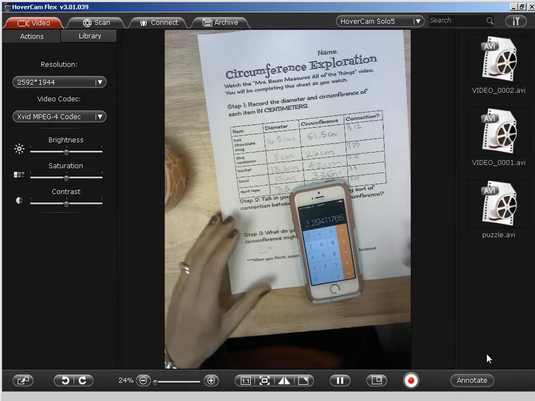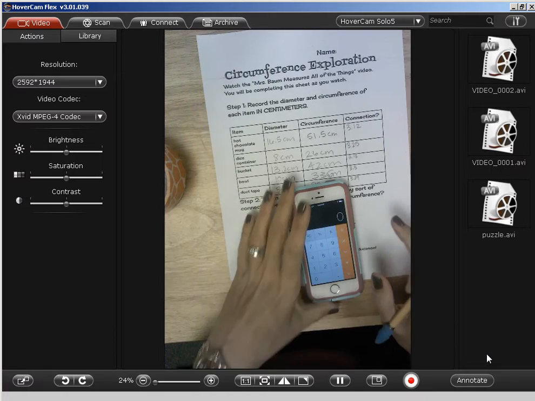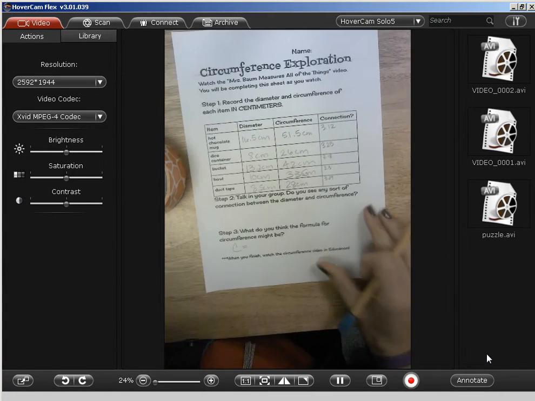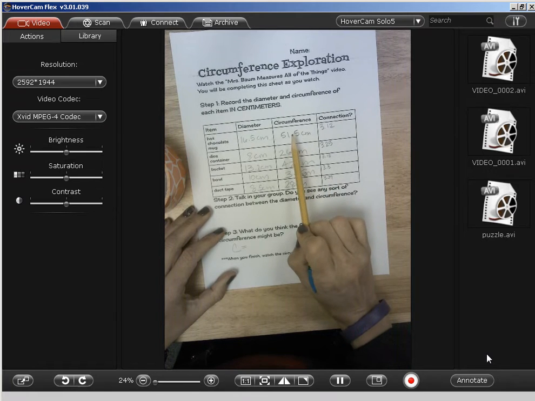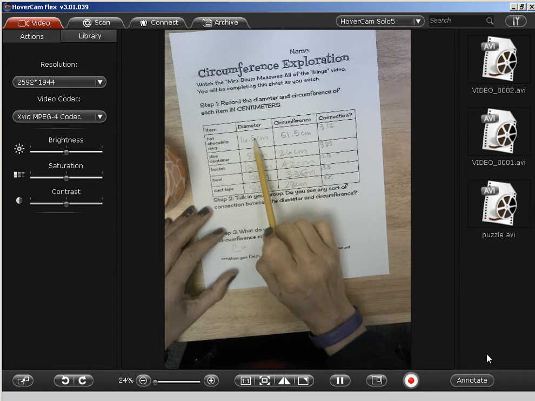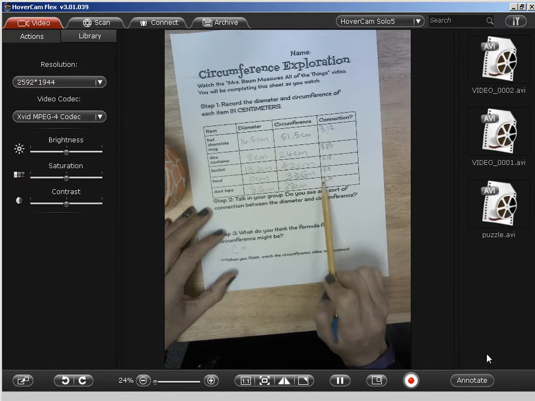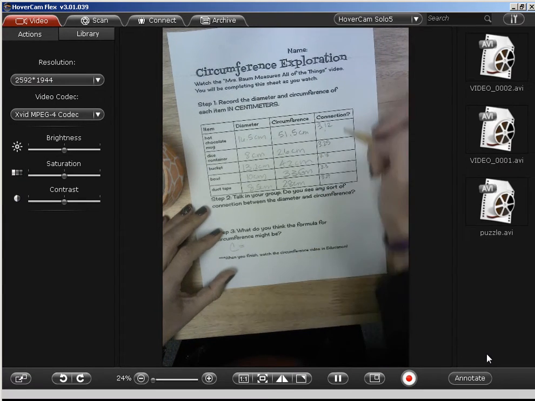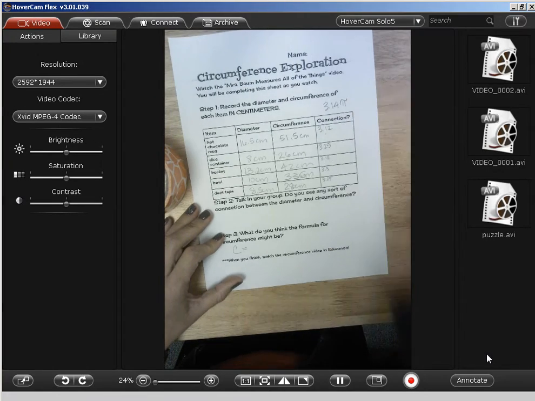So you know that my measurements were a little bit off because measuring with your hands is not super duper exact. However, what you should see here is that if you divide your circumference by your diameter, you get about 3 and a little bit. And 3 and a little bit is the approximation for pi, which is 3.14.